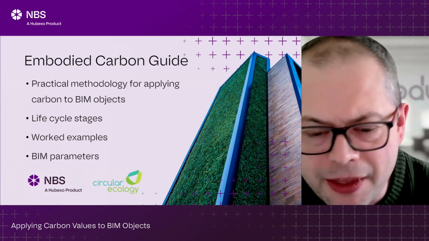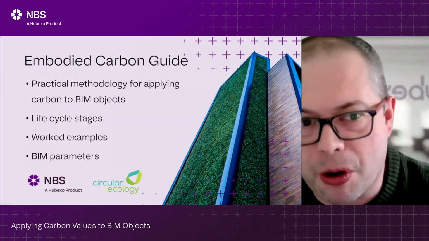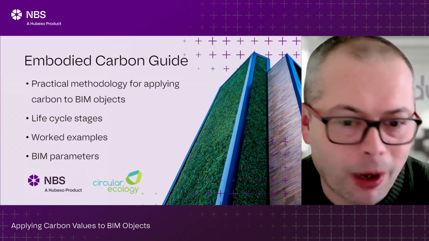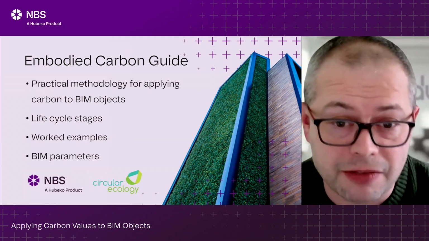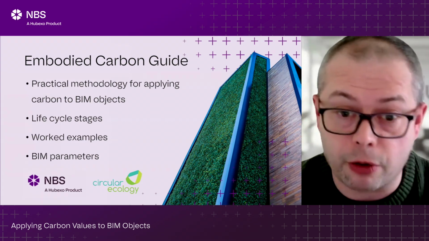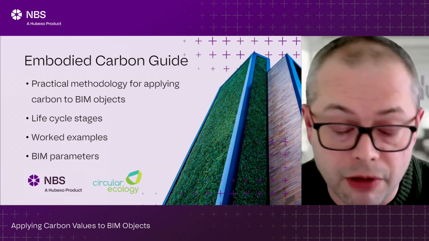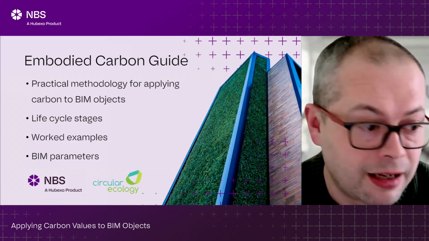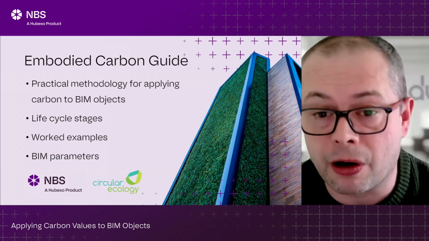I think one of the things that is probably worthwhile just mentioning, and most people will be aware of this, is if you are looking at doing a life cycle assessment or embodied carbon calculations, being aware of those life cycle modules that Craig's touched on and that's available in the standards. A is typically your embodied carbon.